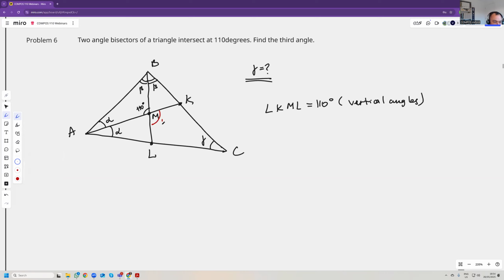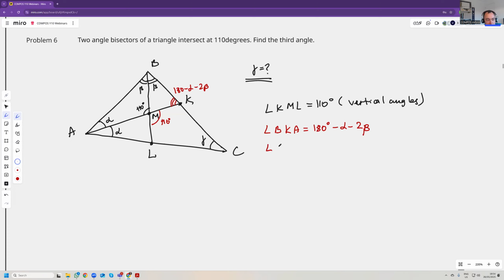So this is 110 degrees. Okay. Now we want to find this angle. Angle BKA is going to be 180 minus alpha minus 2 beta.